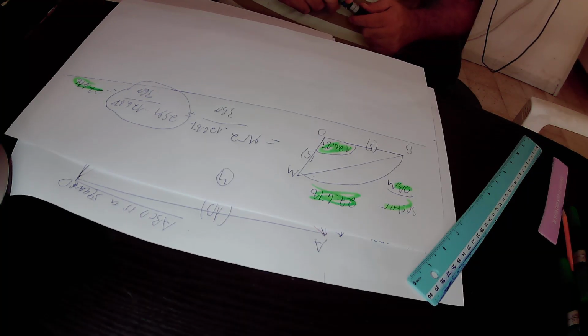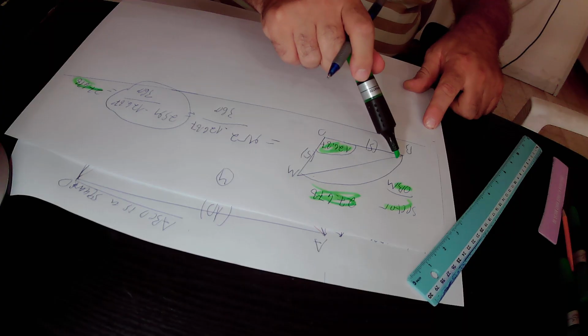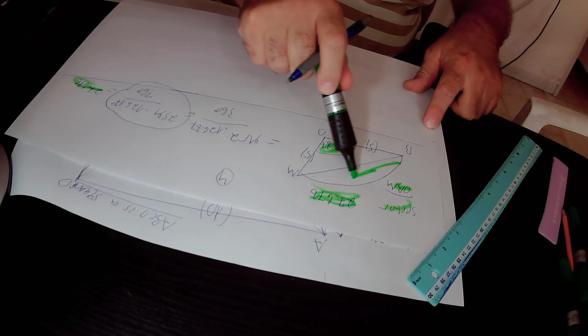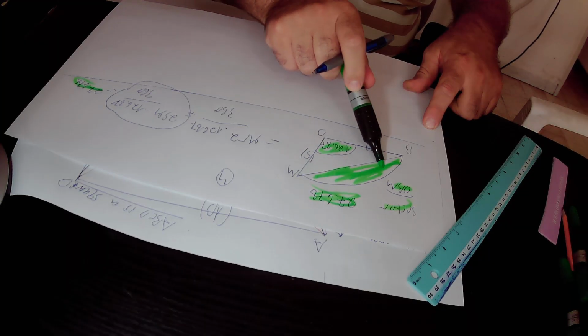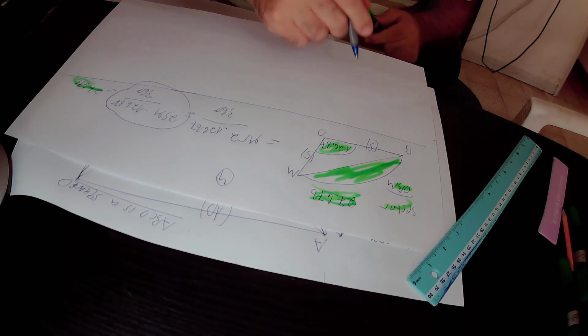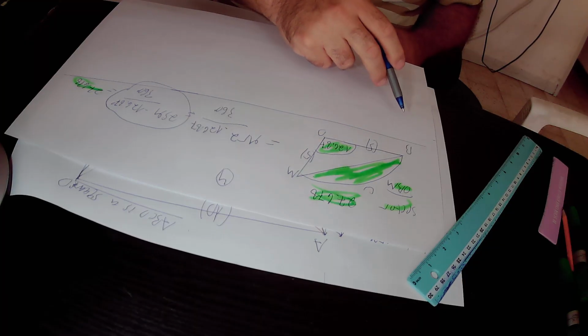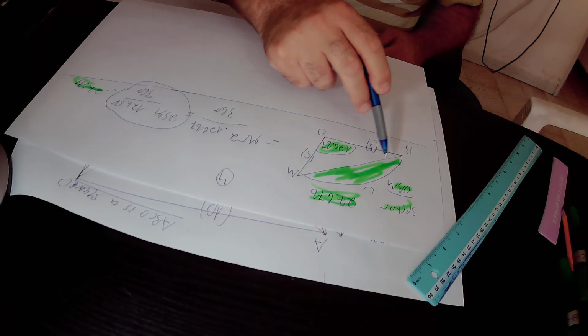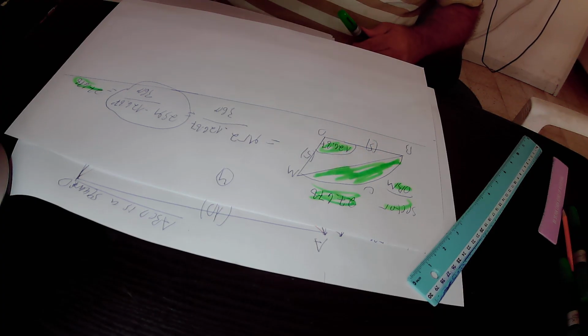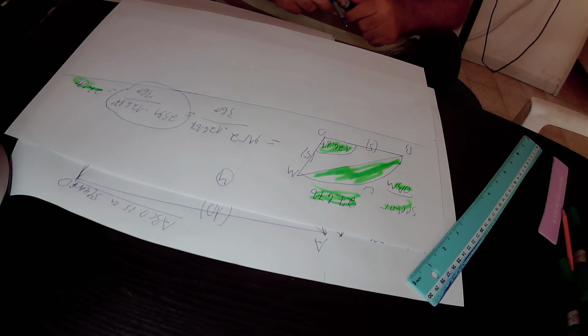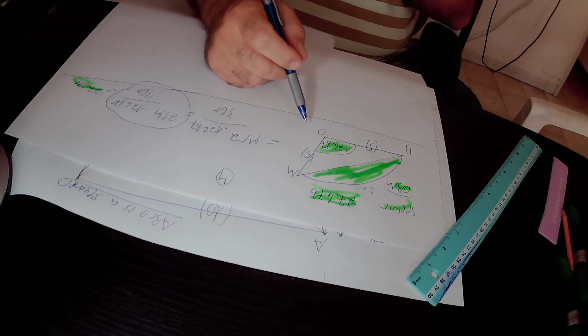Our task is to find out the area of this upper segment BUM. This is the upper segment BUM that we have to find out the area of. The green shape is segment BUM. We have to find out the area of this segment BUM.